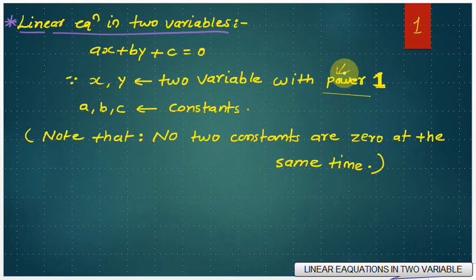Power is also known as the order of the equation, that is the higher degree. ax plus by plus c is equal to 0 deals with the two variables x and y, and there are three constants a, b and c. Note that a and b are not 0 at the same time; when both are 0 at the same time, such an equation is not said to be a linear equation in two variables.